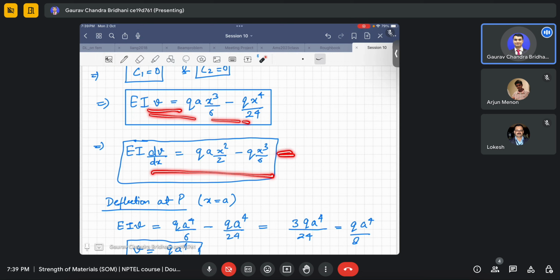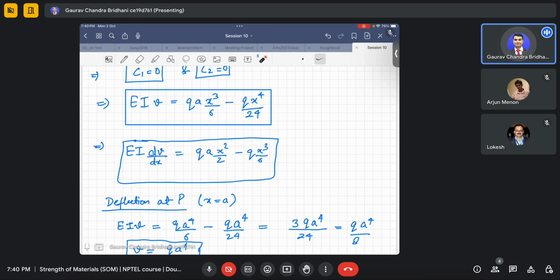You also remember from the example which professor showed, the first example of a simply supported beam with a UDL, you saw that the slope at the midpoint is 0 because there the deflection is maximum. So everything is interrelated. If you put this as 0, you will find a value of x. That value of x will be corresponding to the maximum value of deflection, and when you put that x here, you will find the maximum deflection.